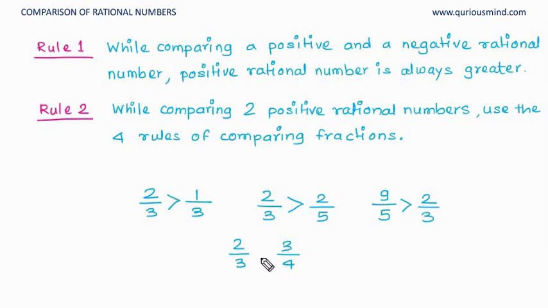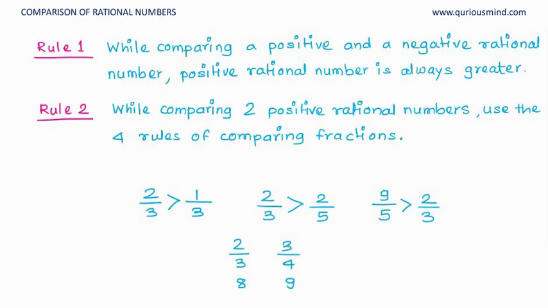In that case, what do we do? We will cross multiply the numerator with the denominator. So numerator 2, if I multiply it with the denominator of the second fraction, I get 8. And I'll write it on the side where this numerator 2 is. Now here numerator 3, I'm multiplying with the denominator of the other fraction. 3 4s are 12, sorry, 3 3s are 9, and I'm writing it on the same side as the numerator 3.